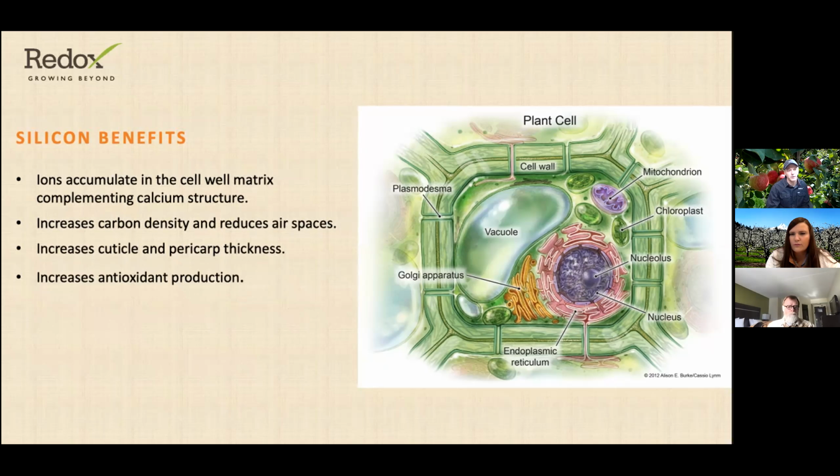So this is something that we're interested in because it makes a stronger plant. We get a lot of benefits from that. We see an increase in cuticle thickness, which also is a strengthening effect. And silicon also promotes production of antioxidants in the plant.